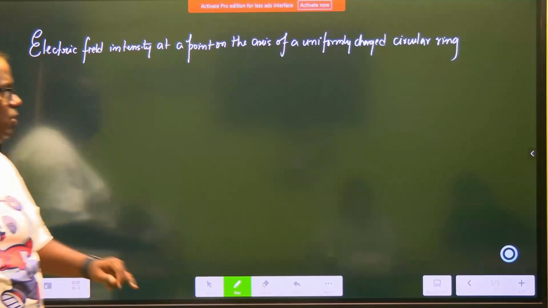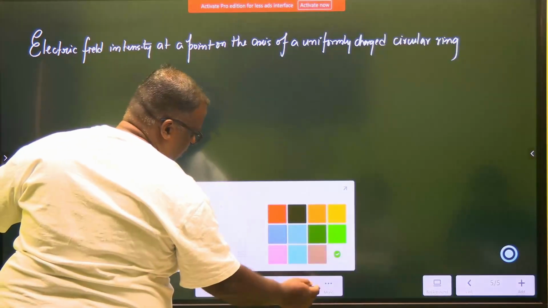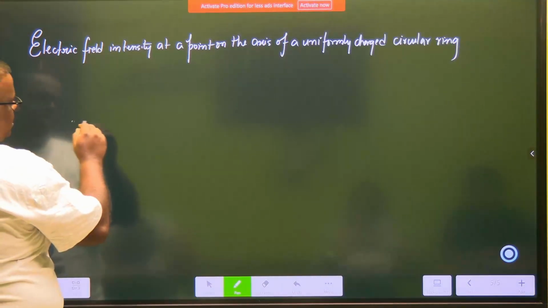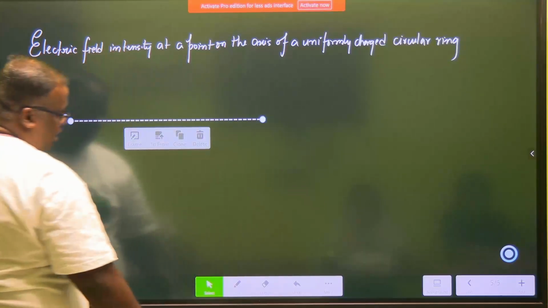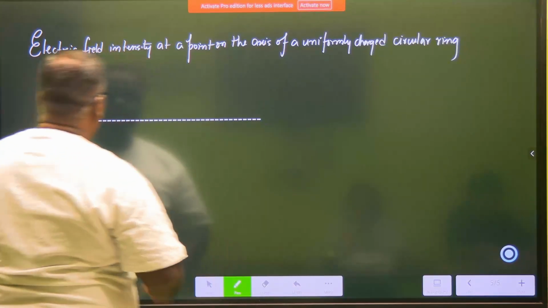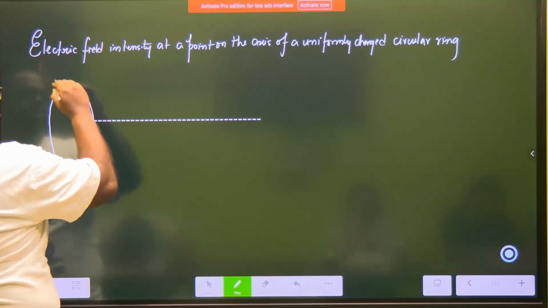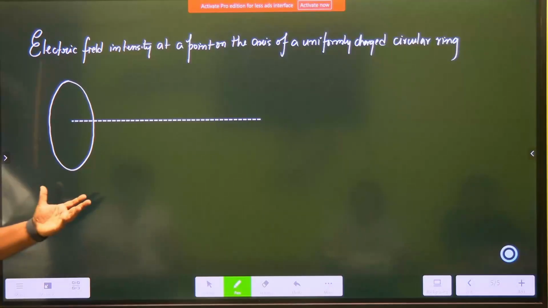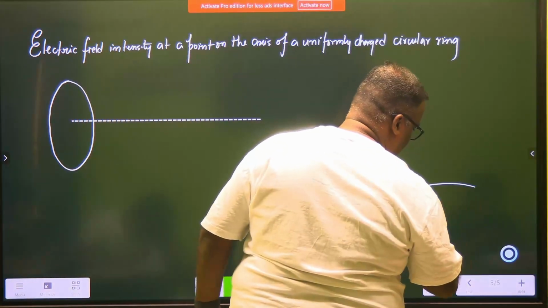So there can be two diagrams. Let's appreciate each diagram so that you have no confusion. Otherwise you'll say, sir, in the book it was like this. So let's say that this is the axis of a uniformly charged ring. If you have any trouble understanding this, you can understand it in this manner also.